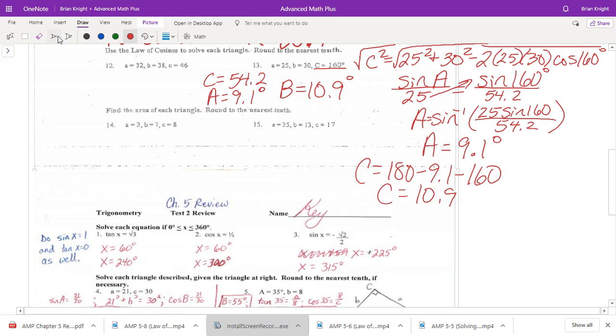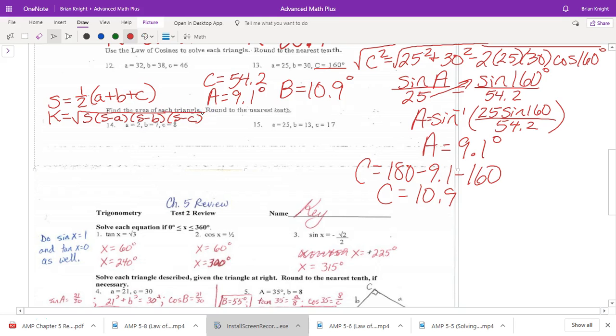It's 1/2 times A plus B plus C, half of the perimeter, in short. So find S first. And then K is the square root of S times S minus A times S minus B times S minus C.